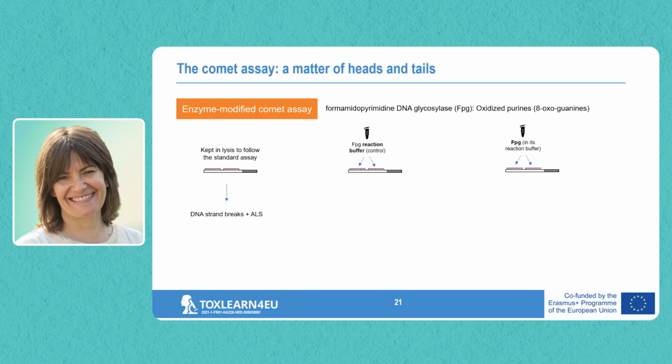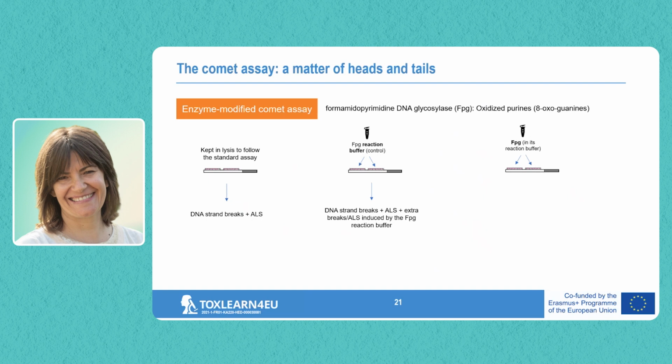What are we going to measure in the second one, the nucleoids incubated with the FPG reaction buffer, but without the FPG? The buffer sometimes, you don't know why, induces breaks. Normally a very small amount, but sometimes it happens. So we will also have this. They don't disappear.